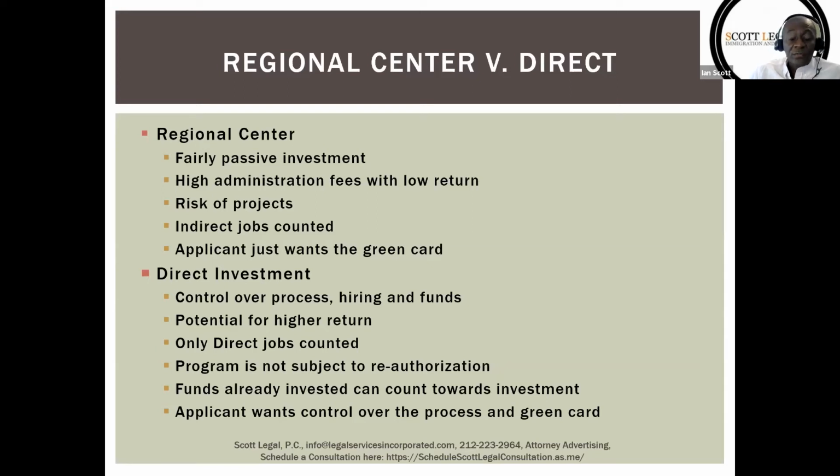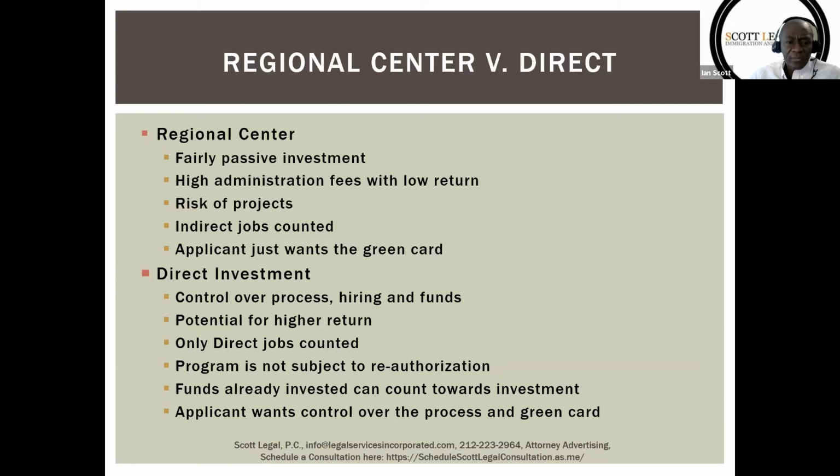So the hotel is actually going to create indirect jobs in addition to the direct jobs, which would be people who actually work in the hotel. That's very helpful, because often the indirect job number is quite substantial. So it allows a regional center to meet the target so that everyone can get their green card.